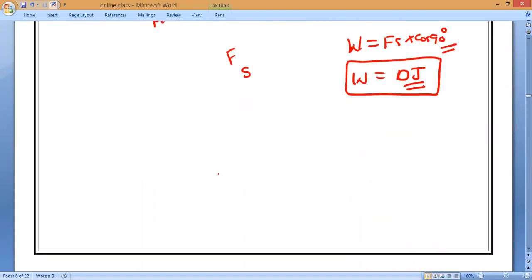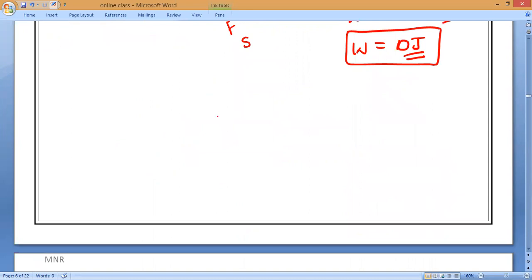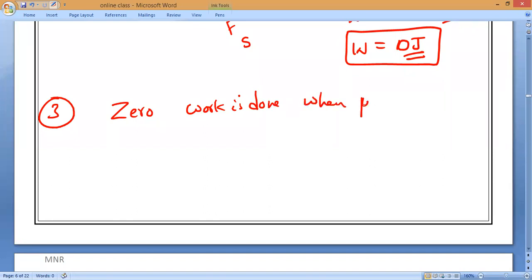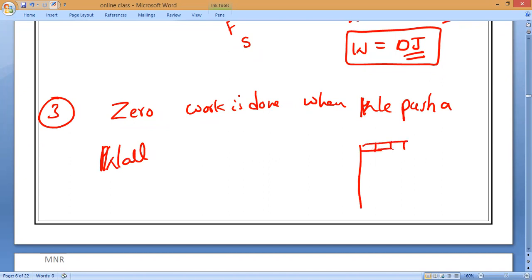Okay, next, the third case. Third example, check it everybody. Zero work is done when we push a wall. Observe very carefully. This is the wall.